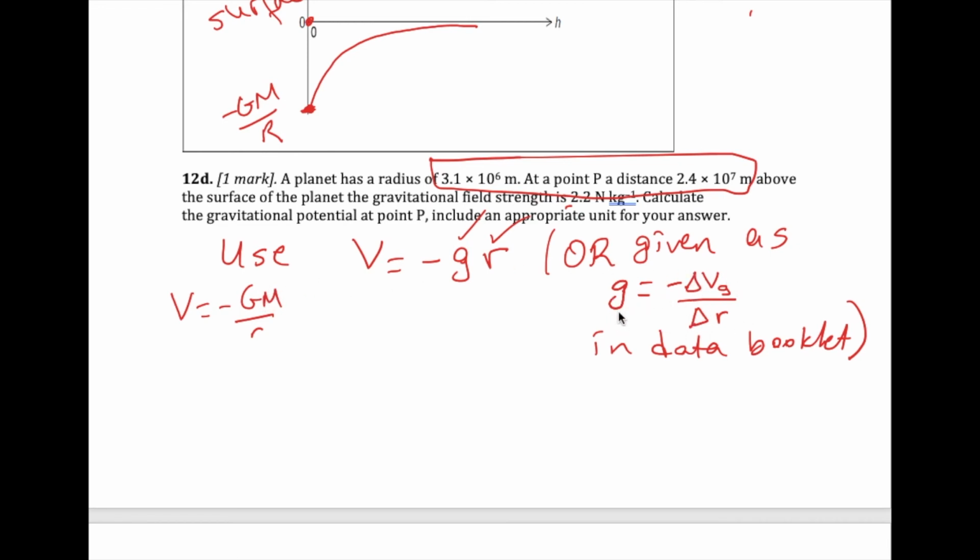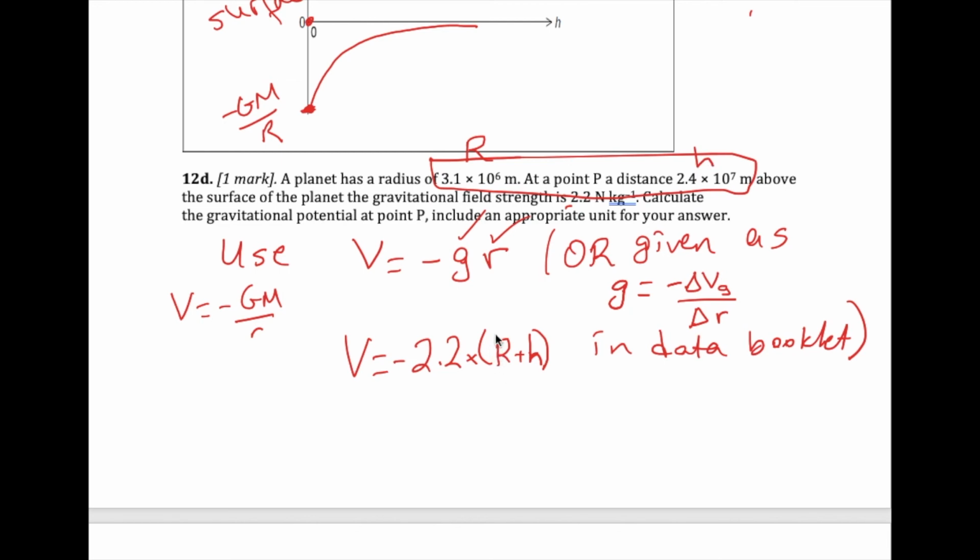So in topic 10 formulas, you have gravitational field strength related to the gravitational potential as such. Rearranging this would give you that. So basically, you have a minus, you're given the gravitational field strength 2.2 times the sum of these numbers. So I'll write it as r plus h, where this is r and this is height above.